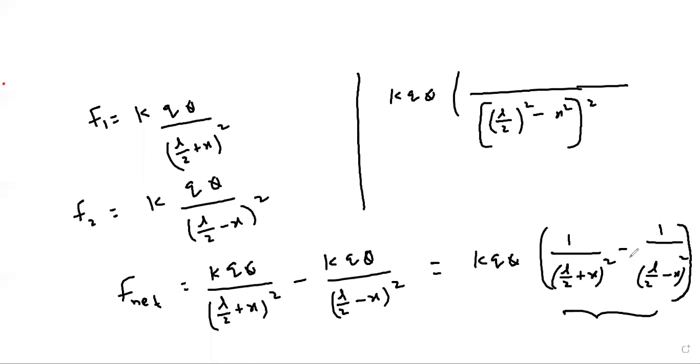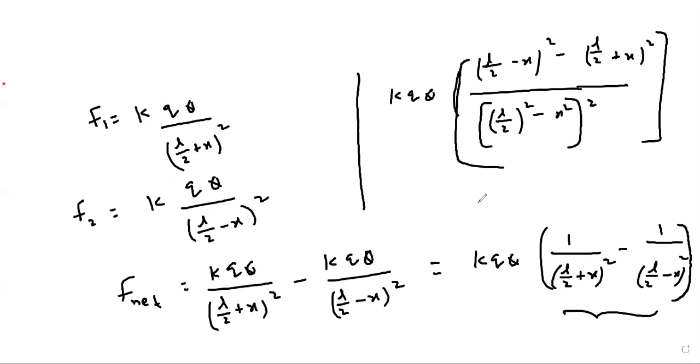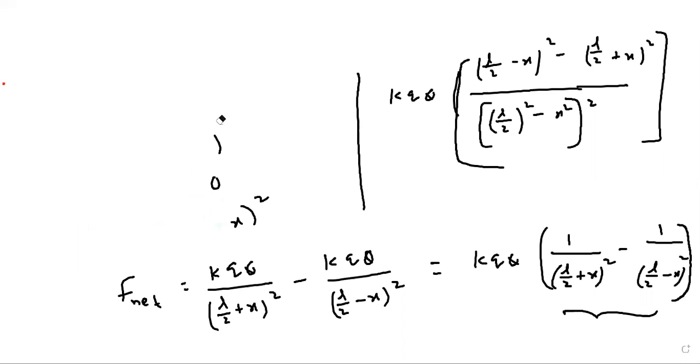Now the numerator is cross multiplication: (L/2 minus x) whole square minus (L/2 plus x) whole square. The numerator is nothing but (a minus b) whole square minus (a plus b) whole square. And (a minus b) whole square minus (a plus b) whole square is nothing but minus 4ab.